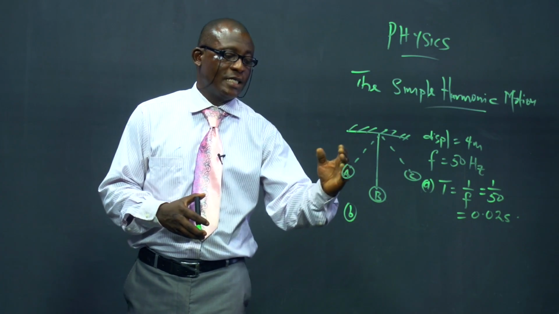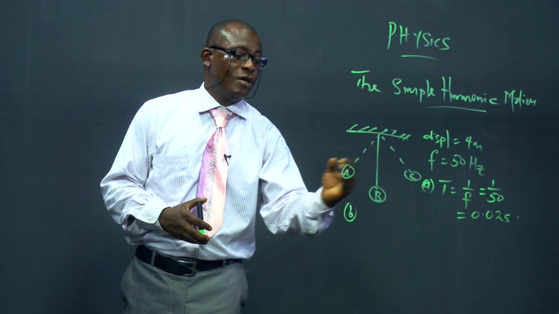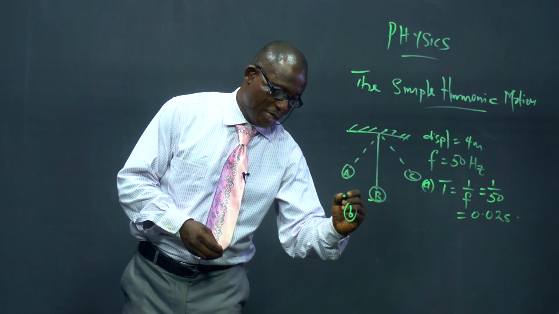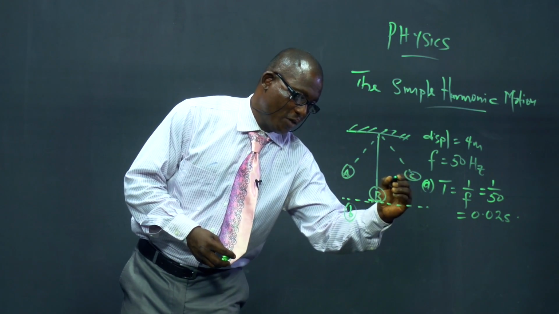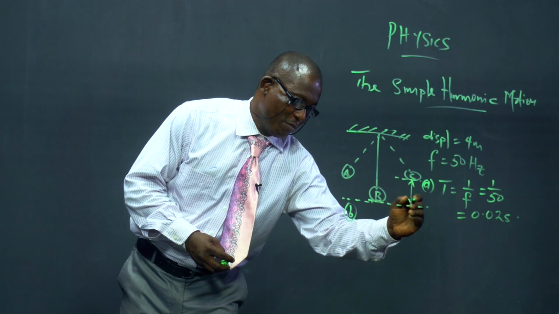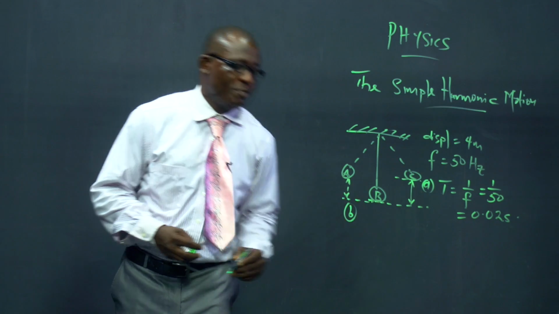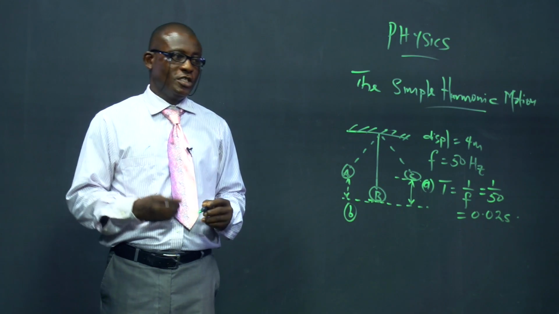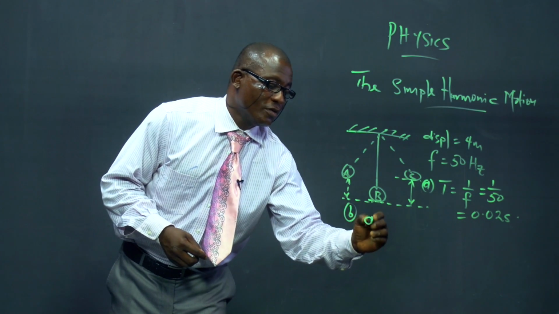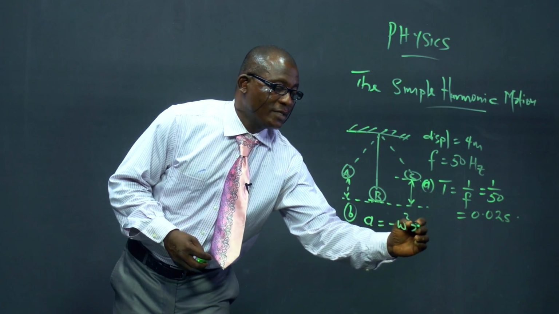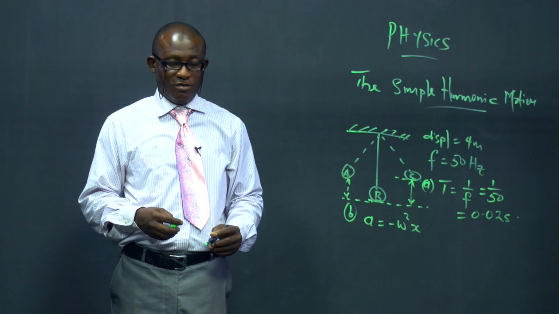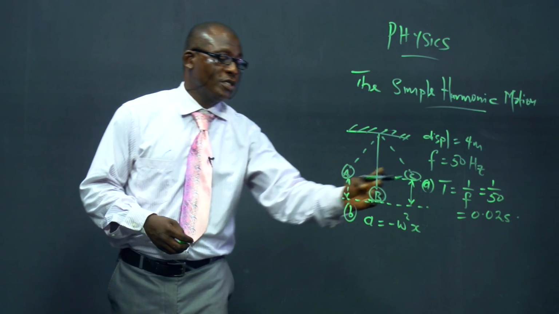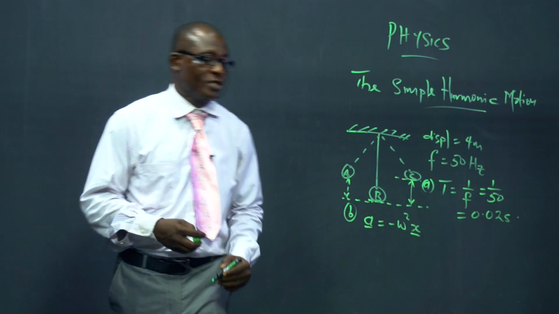We can take one of the ends, either point A or point C. Of course, the middle is point B. And from our definition for simple harmonic motion, it is the periodic motion of a body along a straight path such that the acceleration is directed towards the center and it is proportional to the displacement.